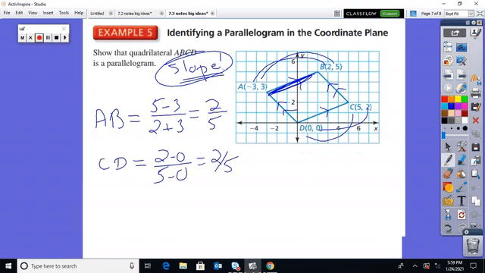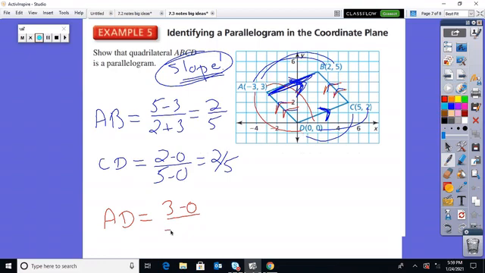So far we got one pair of opposite sides parallel. That's awesome. Now let's check the other pair. Let's check and see if those are parallel. So AD, the slope of AD. All right, let's go. Doesn't matter which way you go. 3 minus 0. The y value is on top.